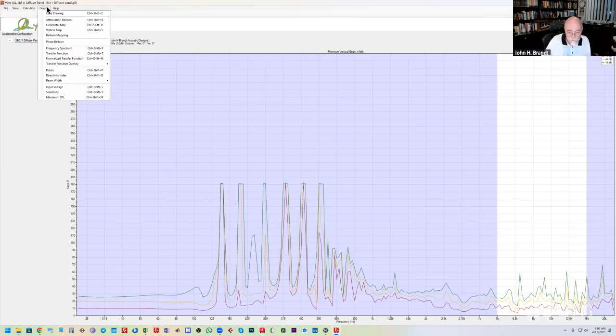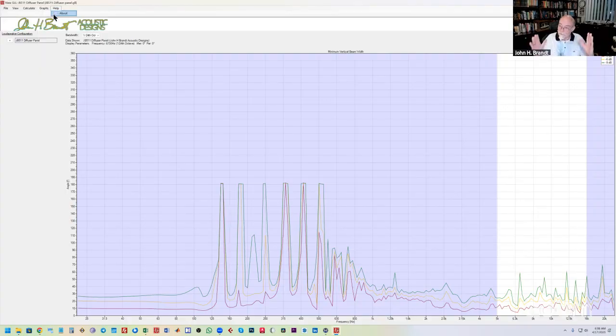Look at this. These are specular reflections off the edge, or is it not? No. Forgive me. We're looking at the back, which is basically 2 feet, 24 inches by 24 inches. This unit was 24 by 24.